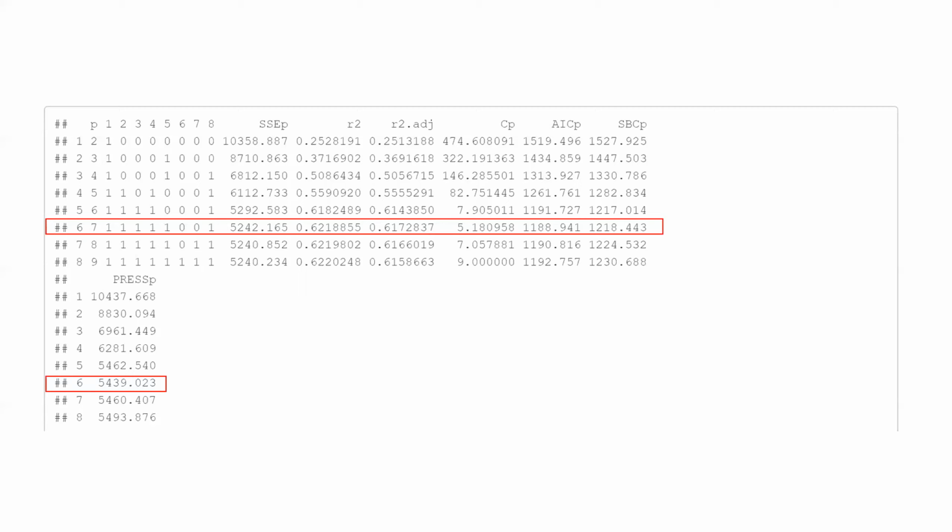AICp needs to be as small as possible. SBCp also needs to be as small as possible. The PRESSp needs to be as small as possible. So here we select the 6 model. We can see that in this selected model, x6 and x7 are dropped, as we analyzed before.